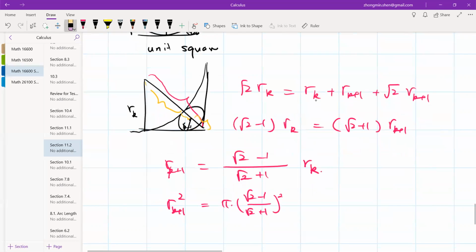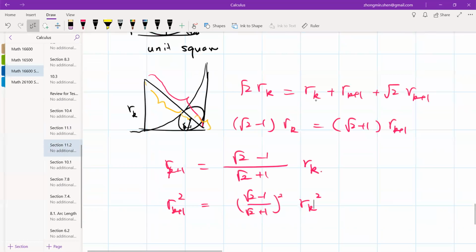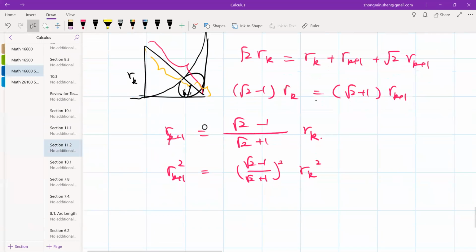Don't put the pi here right now, just look at R_k squared. So the square of the radius decays in this way. And this term, for simplicity, let's call it A, just some number smaller than 1.